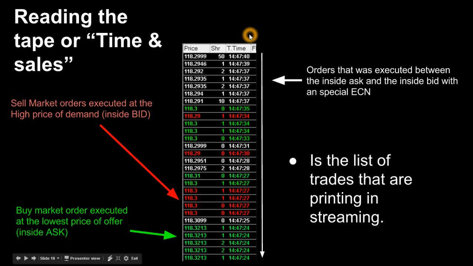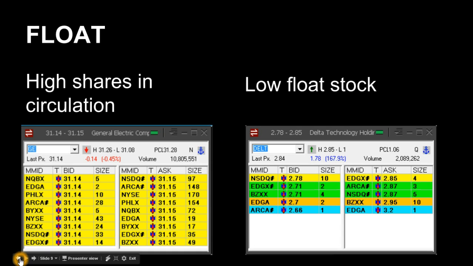As you can see, we have 3 colors, and let's start with the white one. These are orders that were executed between the inside ask and the inside bid with a special ECN. So if we see, for example, this level 2 in DELT, white orders are executed between the inside bid, this yellow level, and the inside ask, this yellow level, into the spread.